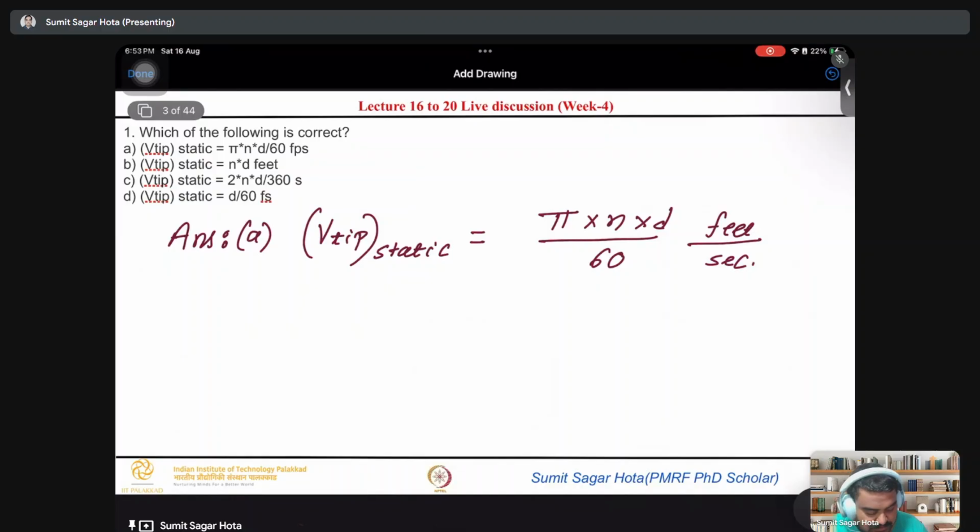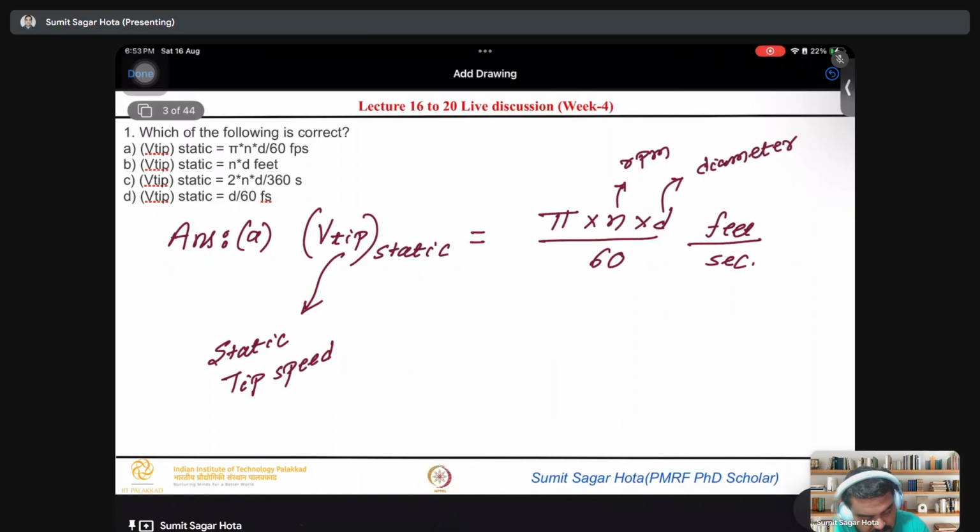This is obviously your static tip speed, where N is your RPM and D is the diameter of the propeller.